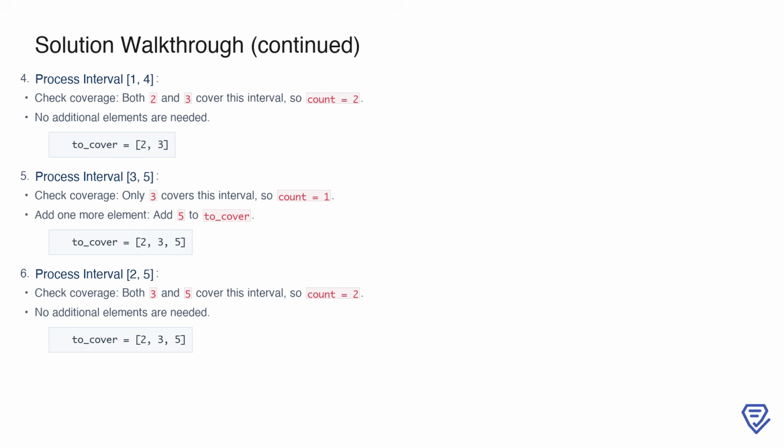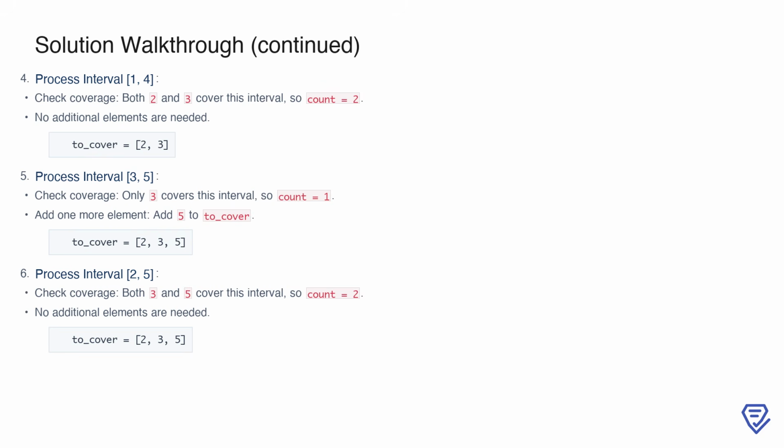For the interval [3,5], we see that only the element 3 in to_cover falls within this interval, so the count is 1. Since we need at least two elements, we add one more element, which is 5, to to_cover. Now, to_cover becomes 2, 3, 5.